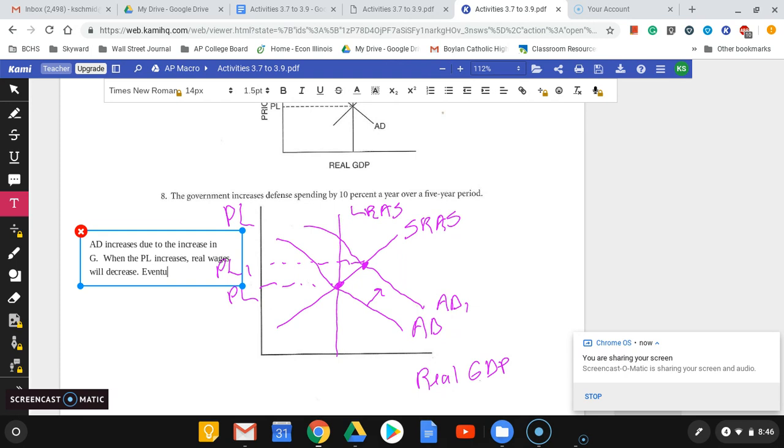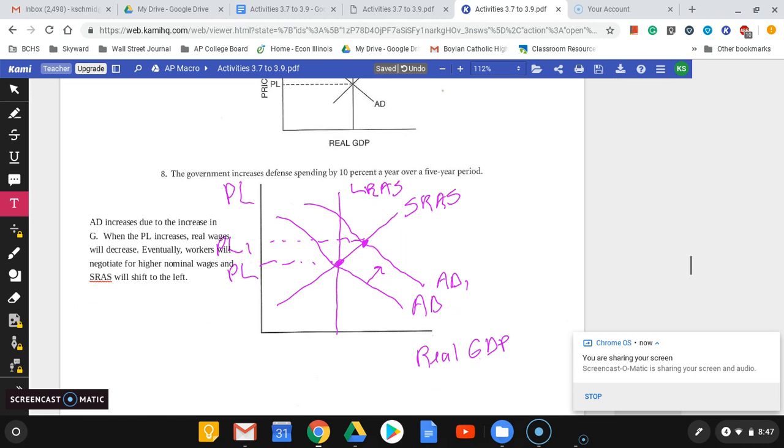So eventually, workers will negotiate for higher nominal wages, and SRAS will shift to the left. Okay, so I'm going to show that on my graph here.